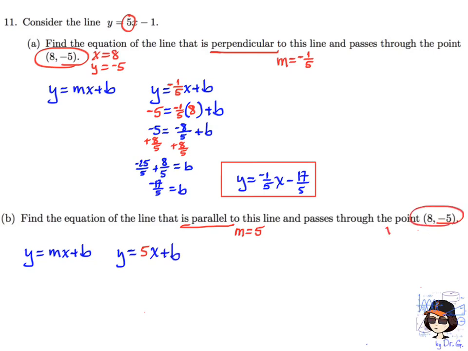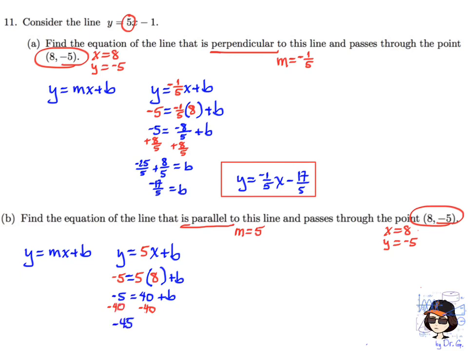So we're going to write down our equation in y = mx plus b form, but instead of m, we're going to have a 5. Okay, and we're going to use those two coordinates, x = 8 and y = -5, in order to figure out what b is. So let's plug those in. So we get -5 = 5 times 8 plus b. Simplifying, we get -5 = 40 plus b. Subtract 40 from both sides.